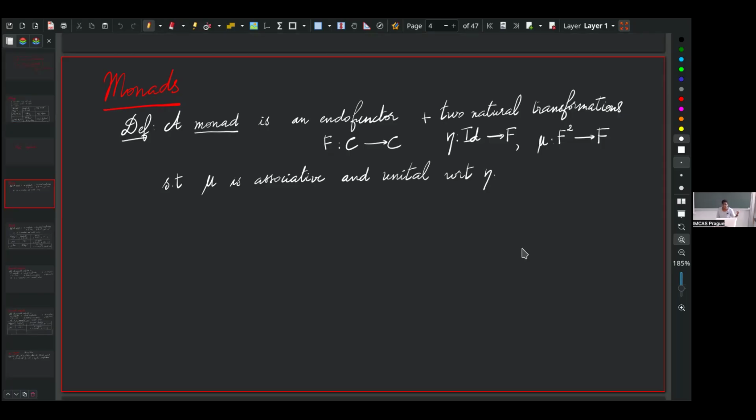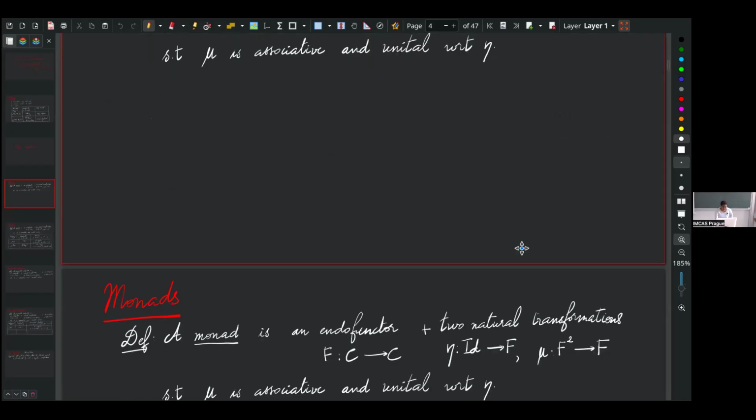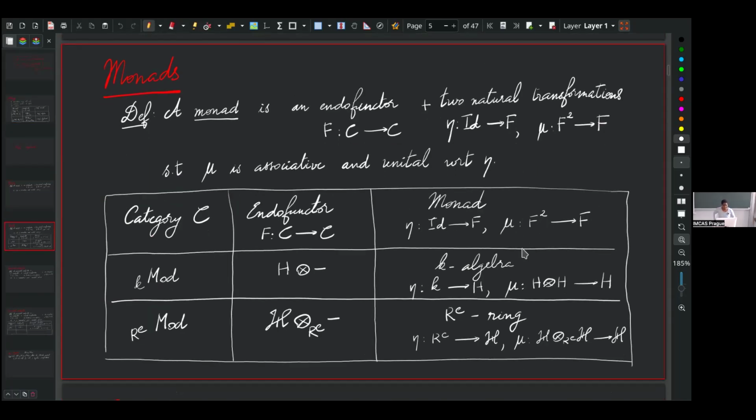So being a monad is about the behavior of the functor with respect to composition. In the classical setting, we recover the notion of a K-algebra, and in the algebroid setting, we obtain an R^e ring. So nothing new here.